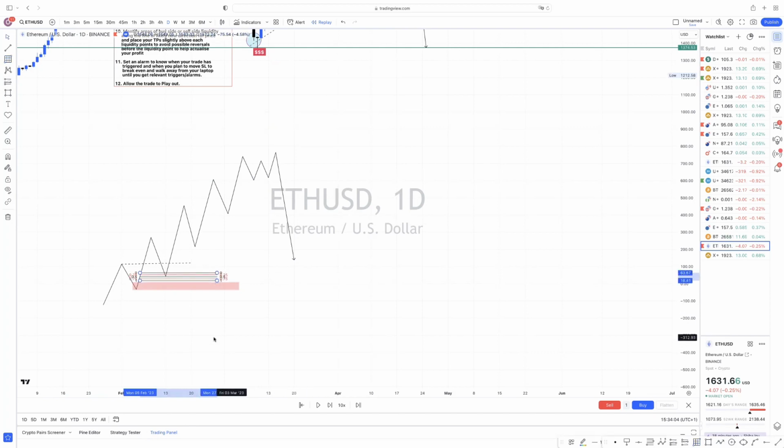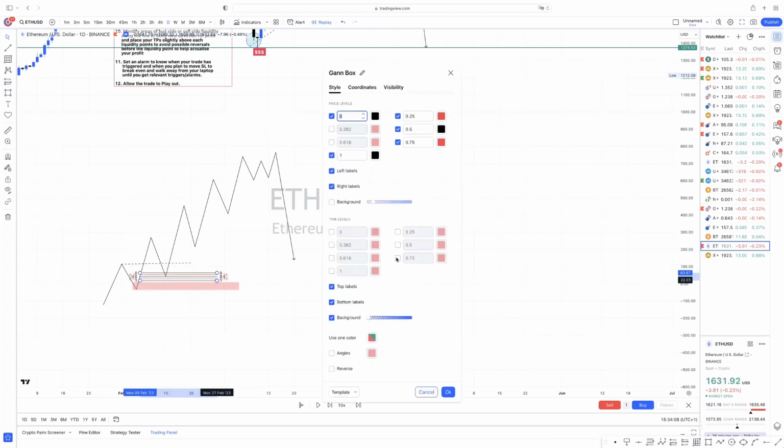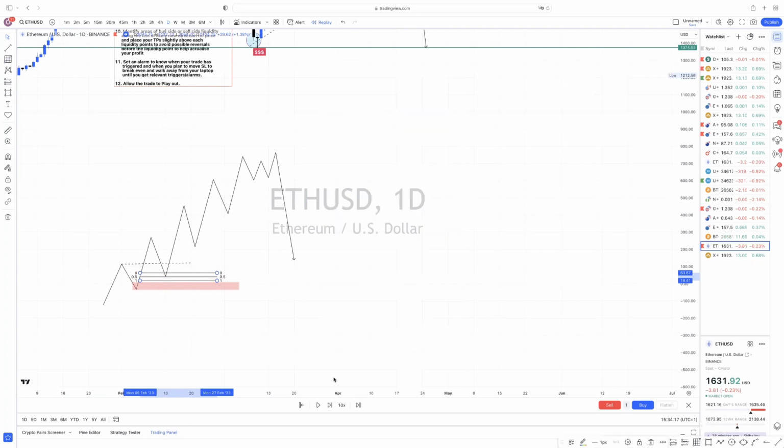Now, I may not have all the time to start explaining. Let me just remove this setup and remove this 0.25 and this 0.75 just to ensure that my chart is not too cluttered so you can understand what I'm trying to explain.